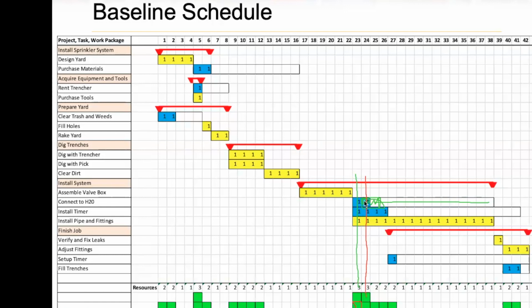Again, I move this, right? I move this, and I need 3 people here as well. Not necessarily 3 people, 3 labor hours. Well, then what do I do? I may move this to here. Then the 24th is good, I will be at 2. But this time here, I will need 1 more.